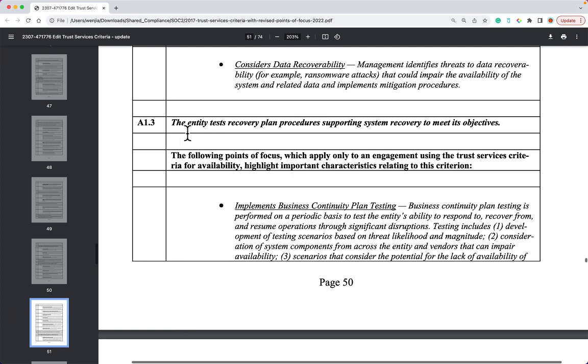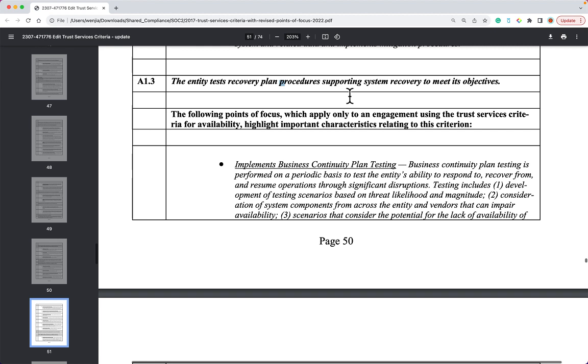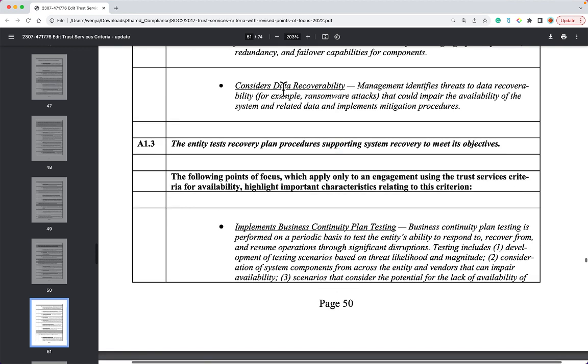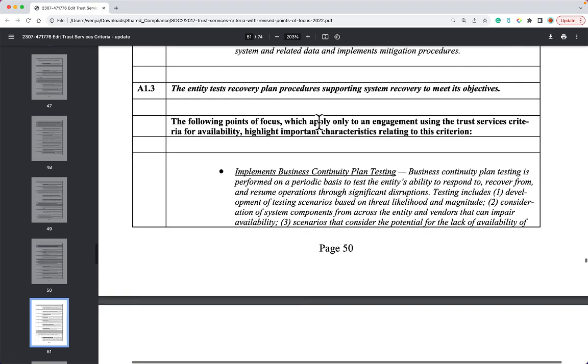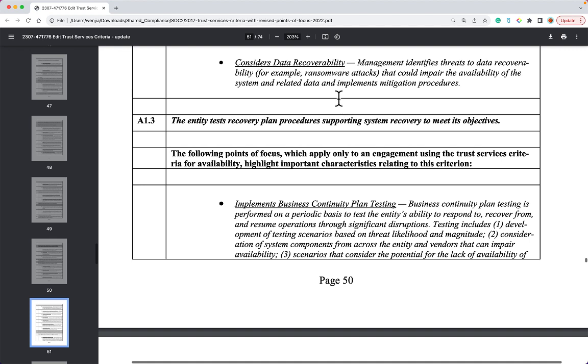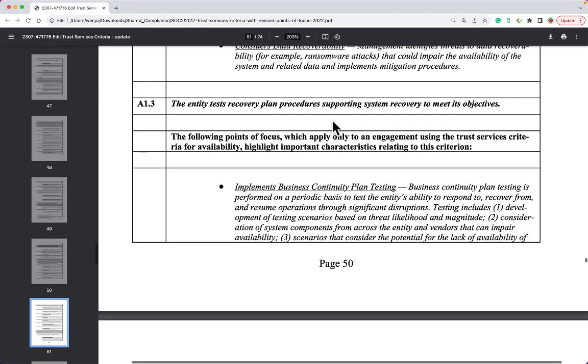Next, the entity tests recovery plan procedures supporting system recovery to meet its objectives. So the point before, we talked about recovery procedure. Some points of focus are related to recovery. So this one is saying, after we have this in mind, we designed a recovery plan, and we are able to do the recovery.